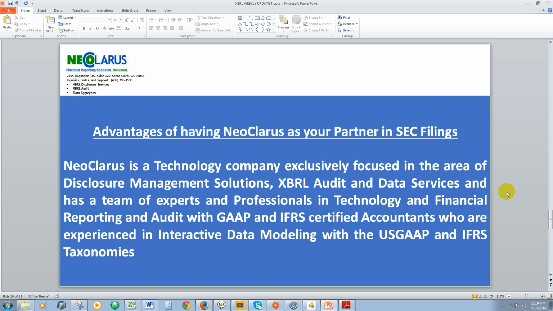And we have a team of experts and professionals from the technology field, and we have a group of accountants who are licensed CPAs and IFRS certified accountants who are highly experienced in interactive data modeling with the US GAAP and IFRS taxonomies.